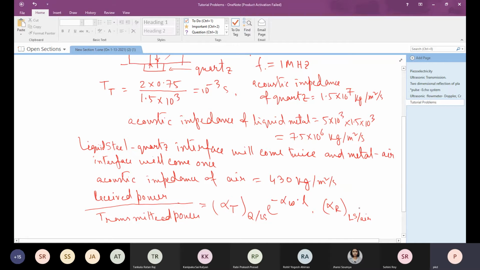Then another transmission coefficient while returning, again liquid metal to quartz.